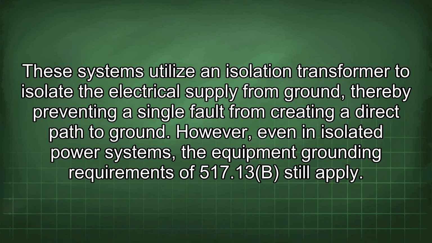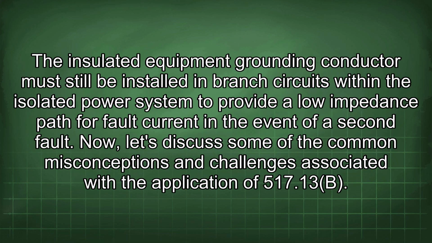These systems utilize an isolation transformer to isolate the electrical supply from ground, thereby preventing a single fault from creating a direct path to ground. However, even in isolated power systems, the equipment grounding requirements of 517.13(B) still apply. The insulated equipment grounding conductor must still be installed in branch circuits within the isolated power system to provide a low impedance path for fault current in the event of a second fault.